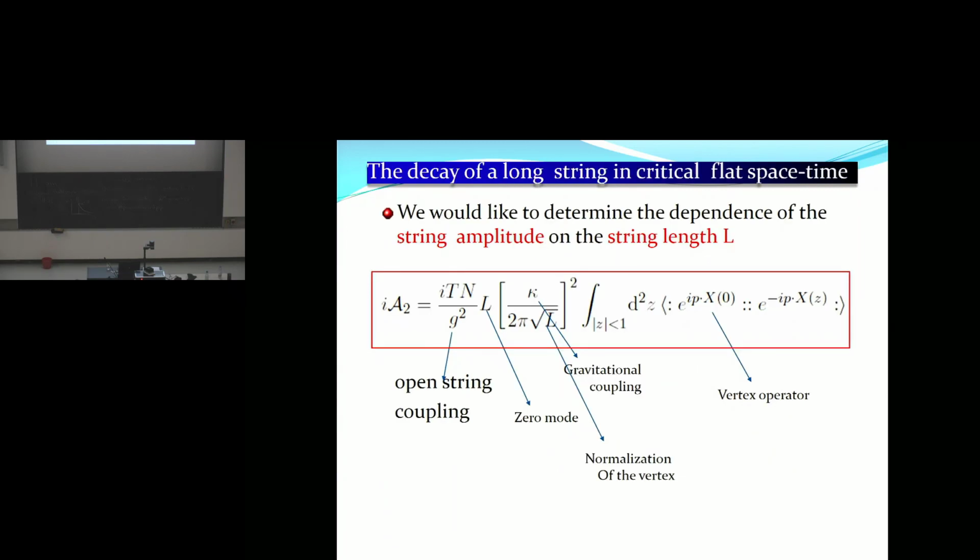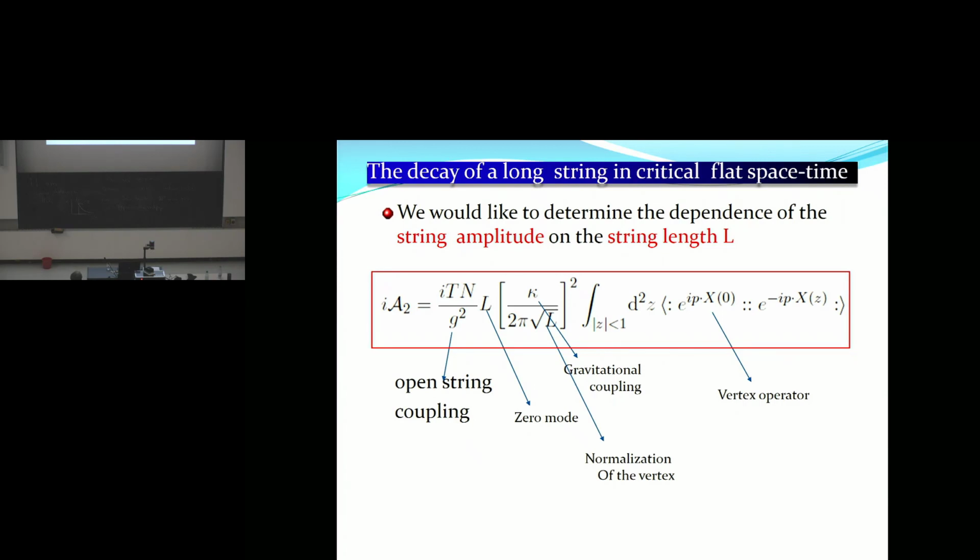And that's relatively easy to calculate. So it's just this expression, the integral over the disk of this expectation value of the two vertex operators. And here I denoted the dependence on the length of the string, because that's a property that we wanted to check.